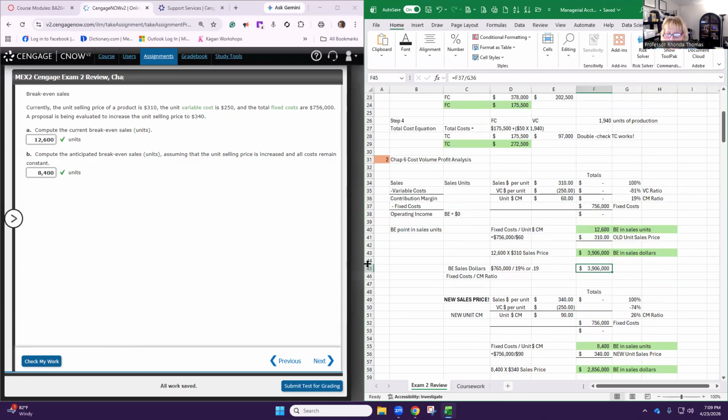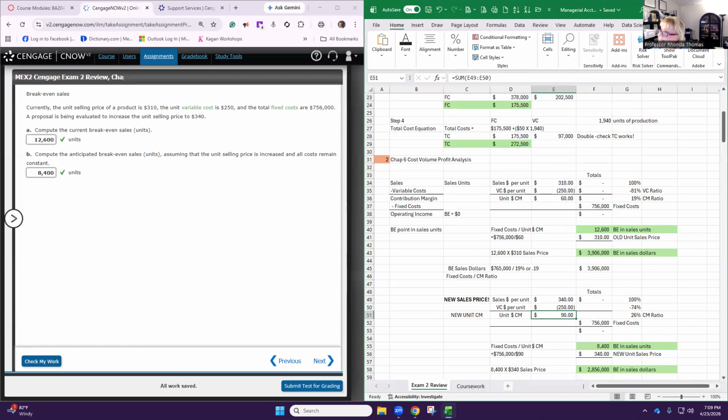Okay, now we're going to compute a new break-even amount of units. Since we are raising the sales price to $340 from $310, and everything else stays the same, now we have a larger contribution margin.